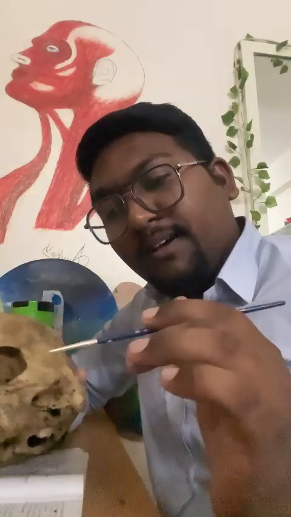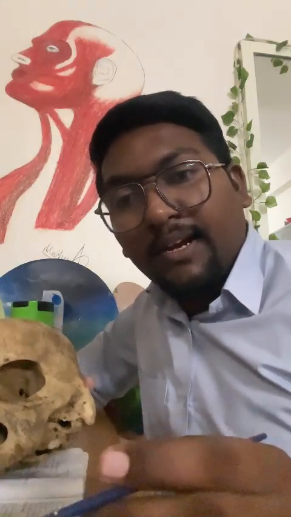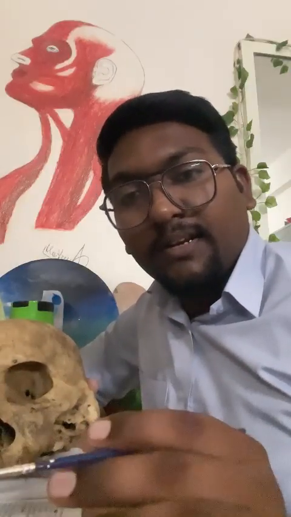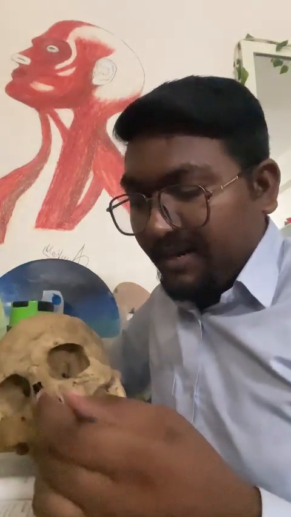The nerves passing through that canal are the greater palatine nerve and the anterior, middle, and posterior palatine nerves. This is about the medial surface of the maxilla.